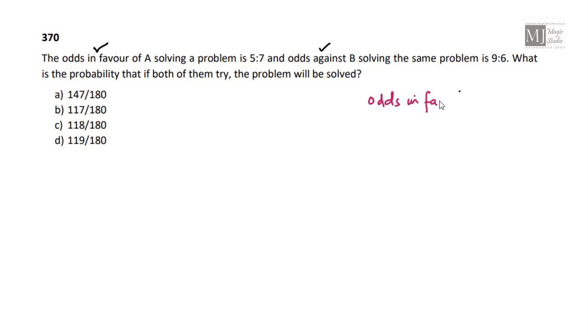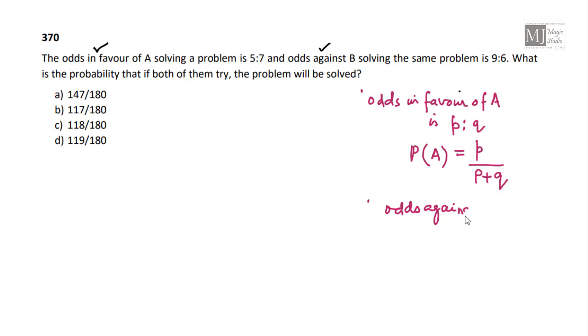If it's given odds in favor of A is P is to Q, it means that probability of success of A is given by P upon P plus Q. Similarly, if odds against any event B or A is given as P is to Q, then probability of occurrence of that event is given by the second part of the ratio, that is consequent of the ratio, Q upon P plus Q. Now, first we'll use it and convert these into specific ratio probability.